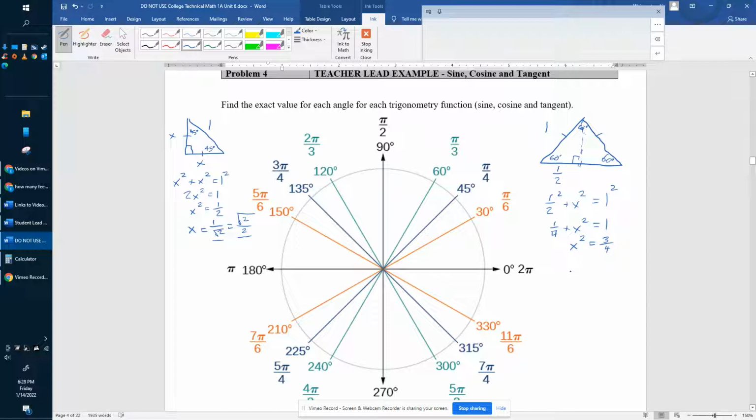Take the square root of both sides, and we get x equals square root of 3 over 2. So what? Right? We know the height of this triangle now. It's the square root of 3 over 2. Well, now this gives you more properties of another specific type of triangle called a 30, 60, 90 triangle.